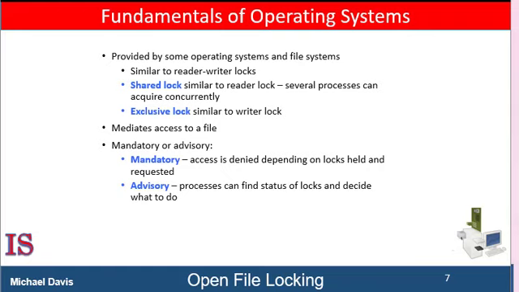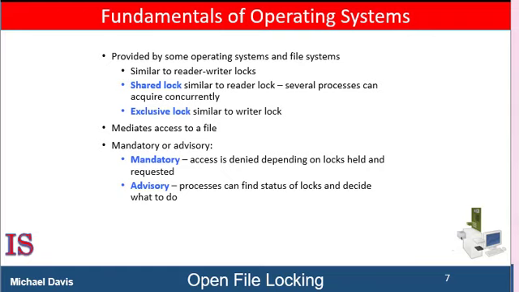Furthermore, operating systems may provide either mandatory or advisory file locking mechanisms. With mandatory locking, once a process acquires an exclusive lock, the operating system will prevent any other process from accessing the locked file.